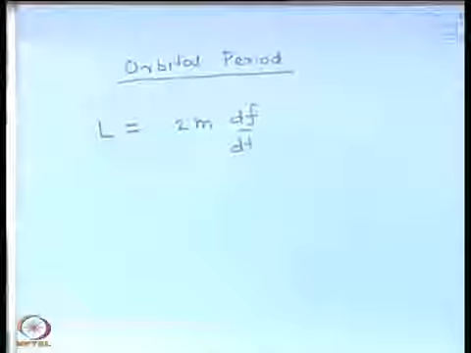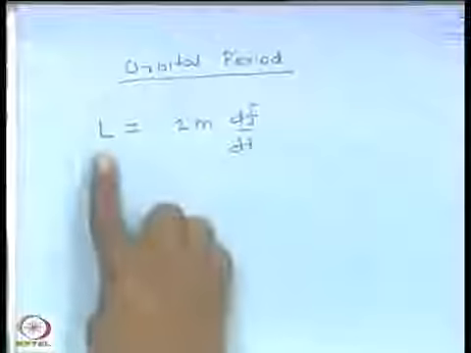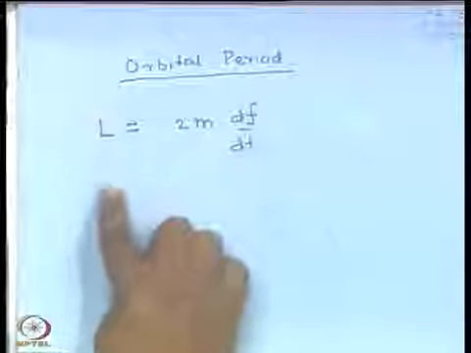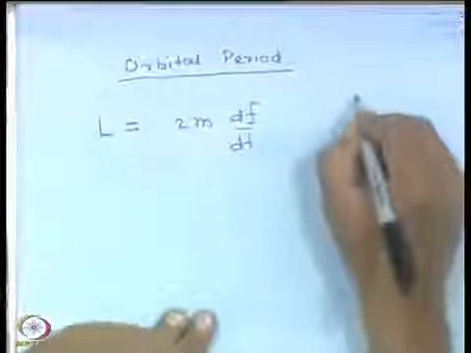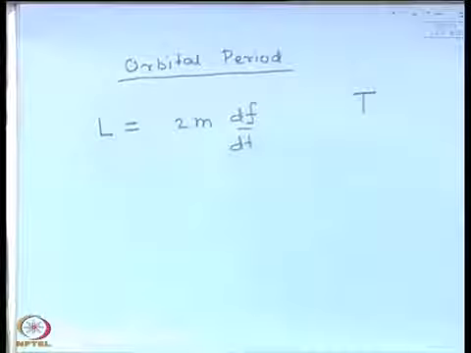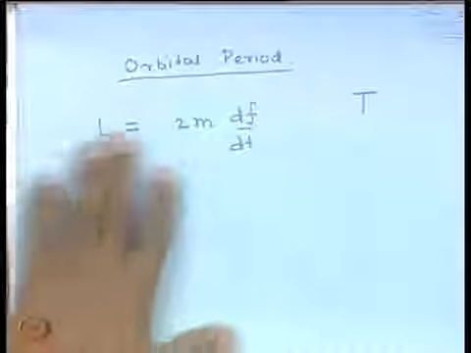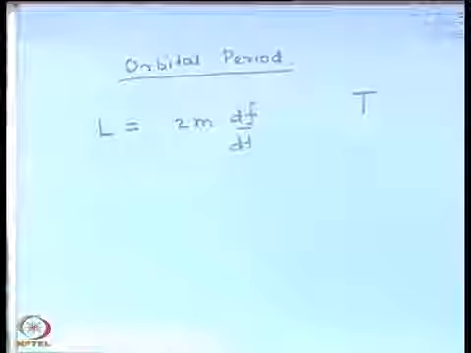So, now what we can do is we could integrate this equation over one whole orbit. So, let us say that the orbital period is T. We can integrate this over one whole orbit.